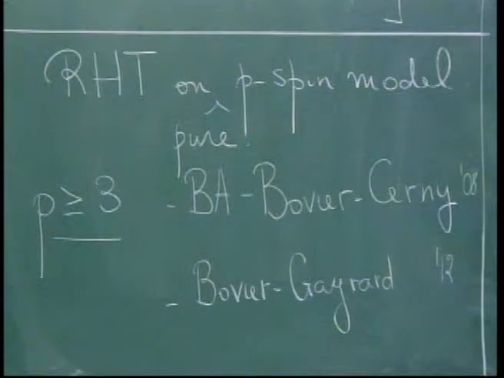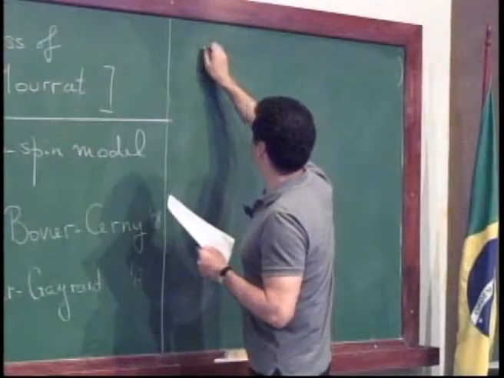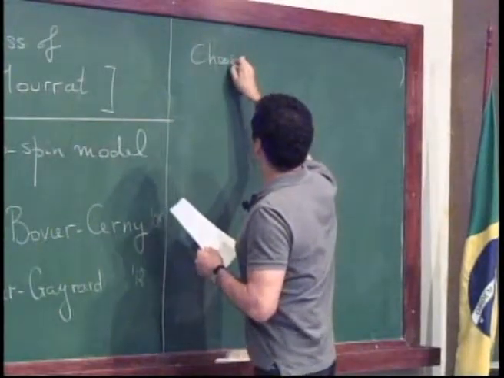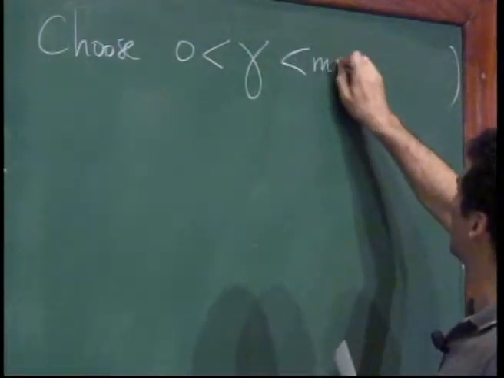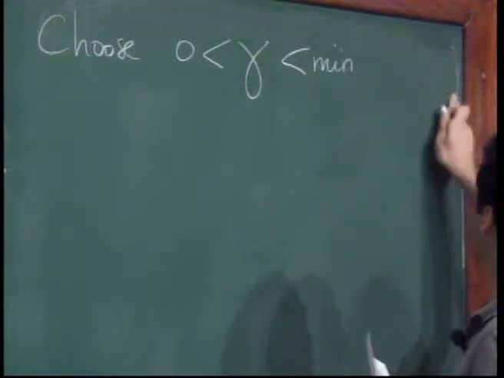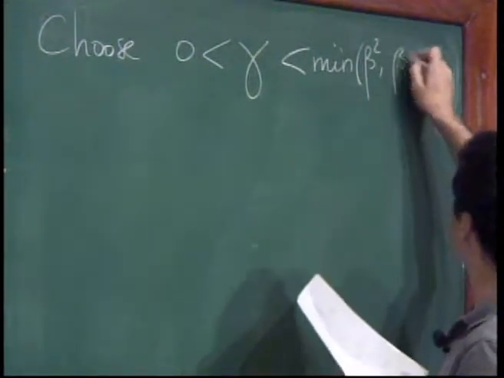So here's the result. I fix a temperature, an inverse temperature beta, and I choose a number gamma, which is between 0 and another number which depends on the temperature and on p, which is the minimum of beta square and beta times zeta of p.